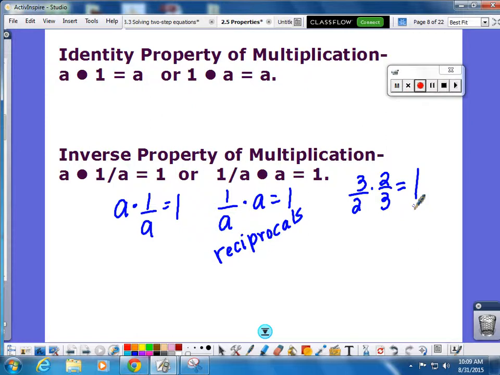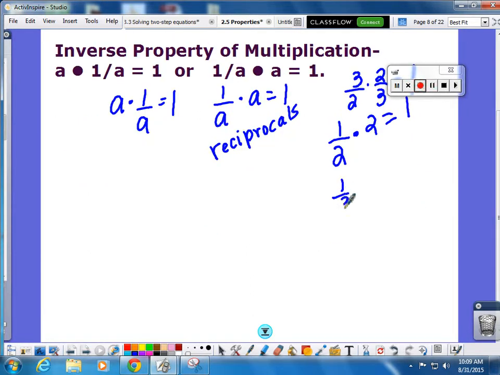Think about it this way. What's a half of 2? 1. What's a third of 3? 1. What's a fourth of 4? 1. Anytime I multiply by reciprocals, the answer is 1.